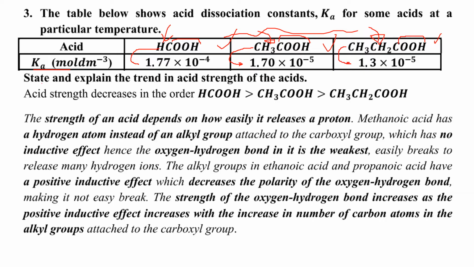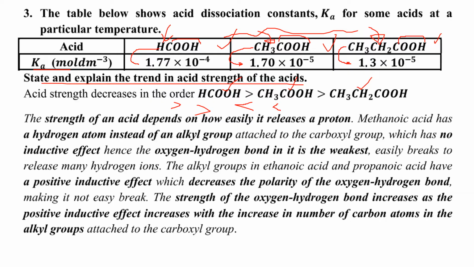Now let's state and explain the trend of the acid strength according to the ionization constants given. The acid strength is going to decrease in the order. When you're saying increase, make sure that you use less than signs; when you're saying decrease, make sure that you use greater than signs. So acid strength decreases in the order methanoic acid greater than ethanoic acid greater than propanoic acid.